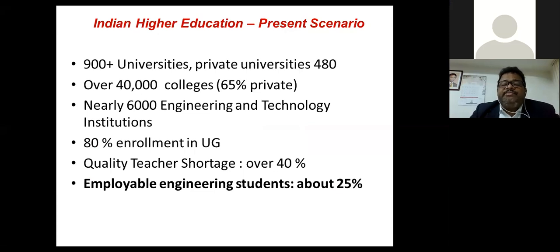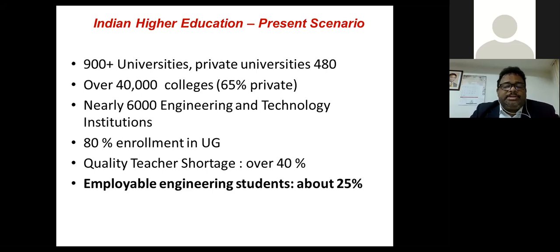Out of these, 65% are private. So private institutions are playing a very important role in education in India, and nearly 6,000 engineering colleges are there. 80% enrollment is in UG, and the quality teacher shortage is over 40%.